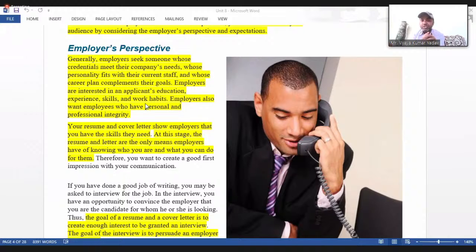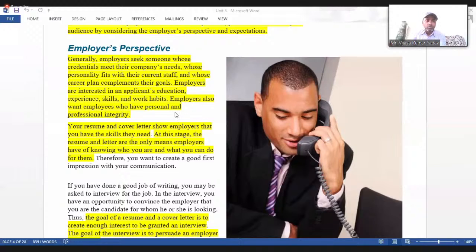So you can satisfy the employer with your education, experience, skills and work habits.